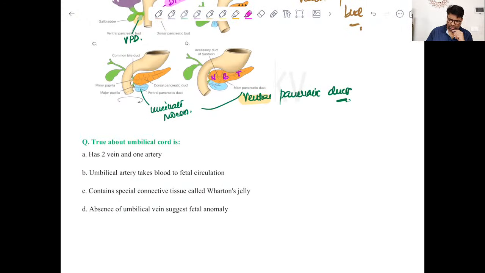Now the next question is about the umbilical cord. Can anyone tell me which one of the following statements is true for the umbilical cord? Anyone? Look at the options.